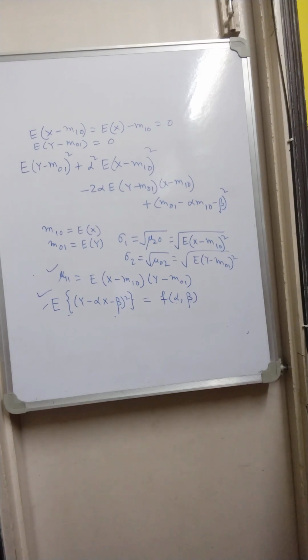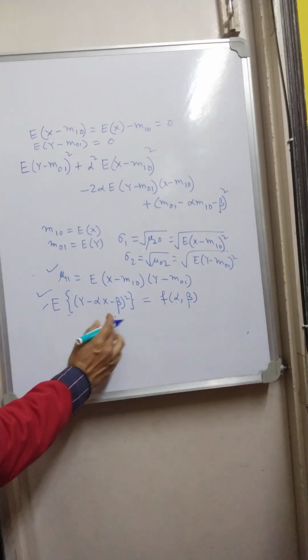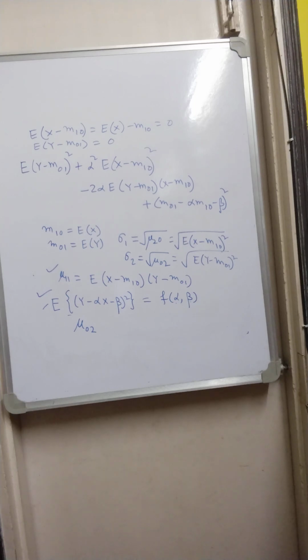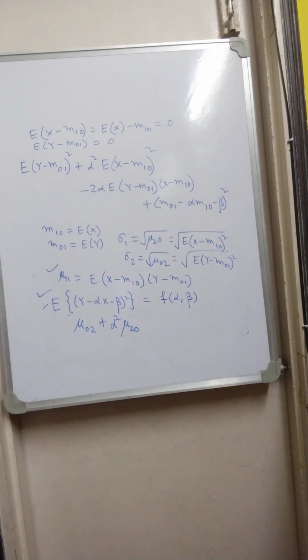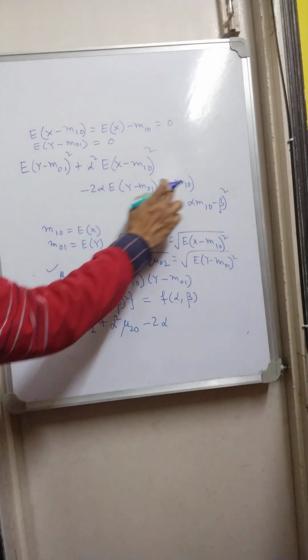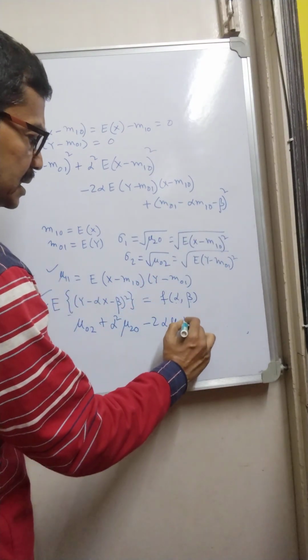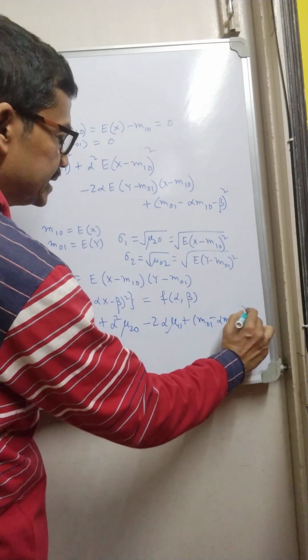And now if we look at this, this is a whole square, so we may write it as, first one, mu 02, so f(alpha, beta) is mu 02, plus we have alpha square mu 20, this one, minus we have 2 alpha mu 11, and this is an intact term, we are getting it like this.